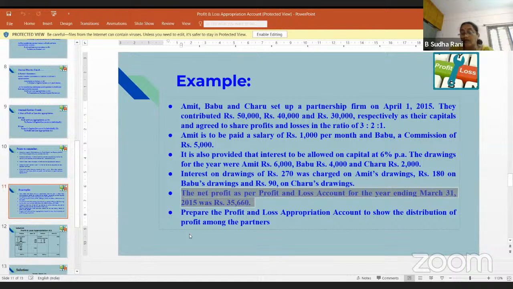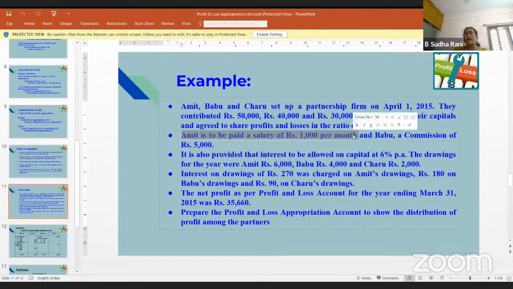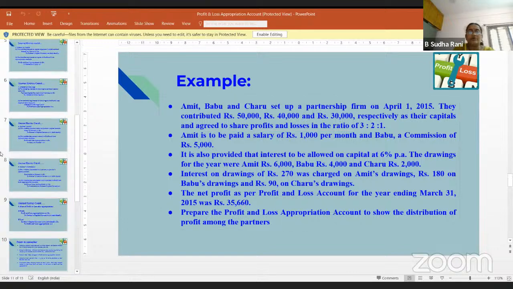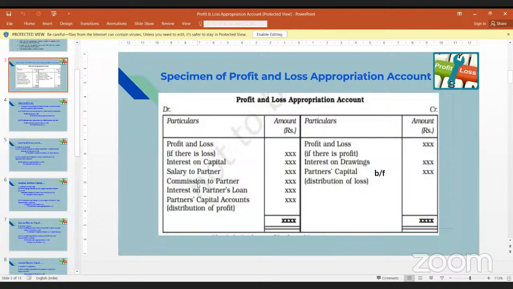Okay. Now, let us come from the first point. They contributed capital and share the profits. Amit to be paid salary of 1,000 per month. So, partner's salary. Which side does it come as per our pro forma? Debit side.